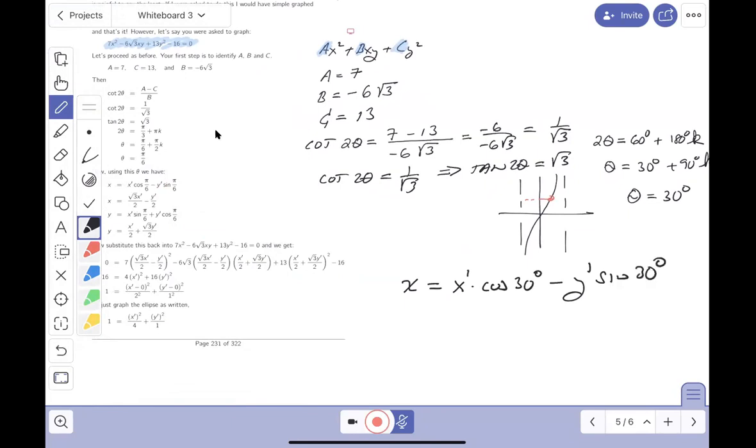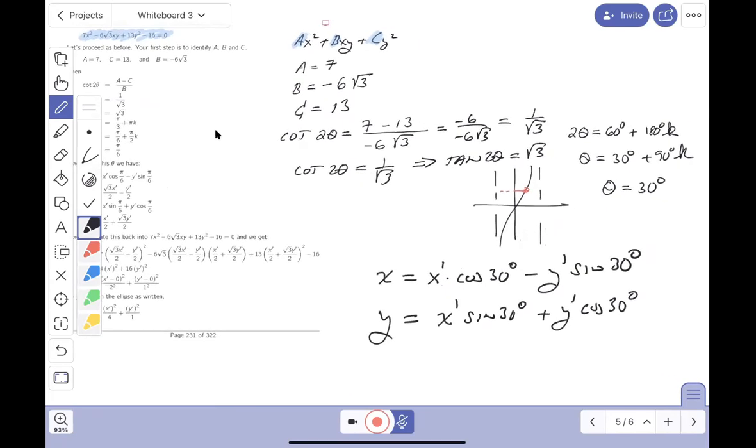And then y is going to be equal to x prime sine 30 degrees plus y prime cosine 30 degrees. Not that you need to memorize this, you can go back in the notes and look at it.